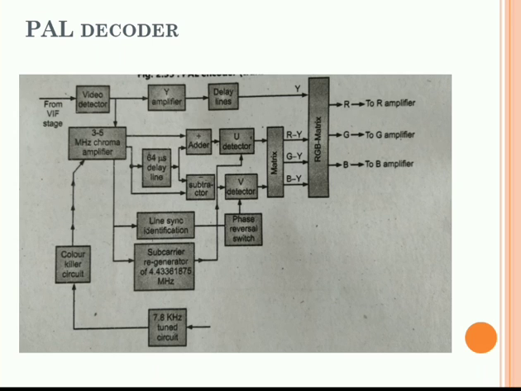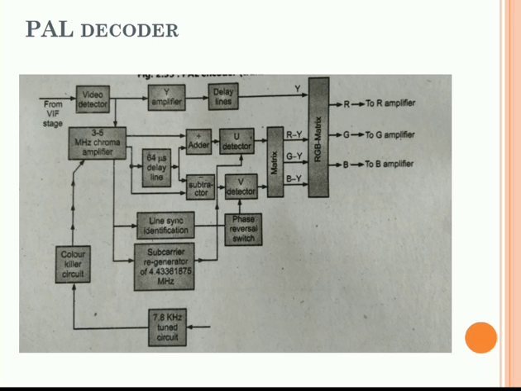Line synchronous identification is also done. A subcarrier frequency generator is also here, 4.4361875 megahertz, as we have seen before. That subcarrier frequency has a very precise value as in the NTSC.